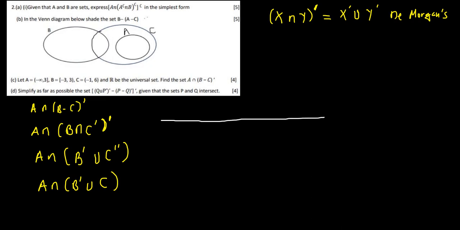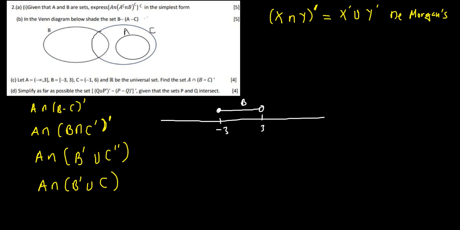Remember what we said: always start with what has got a complement. The set B is from negative 3 up to positive 3, and it is closed at negative 3, it is open at 3. But we are interested in B complement. So since 3 is not part of B, it will be part of the complement. So I'm going to shade at 3.